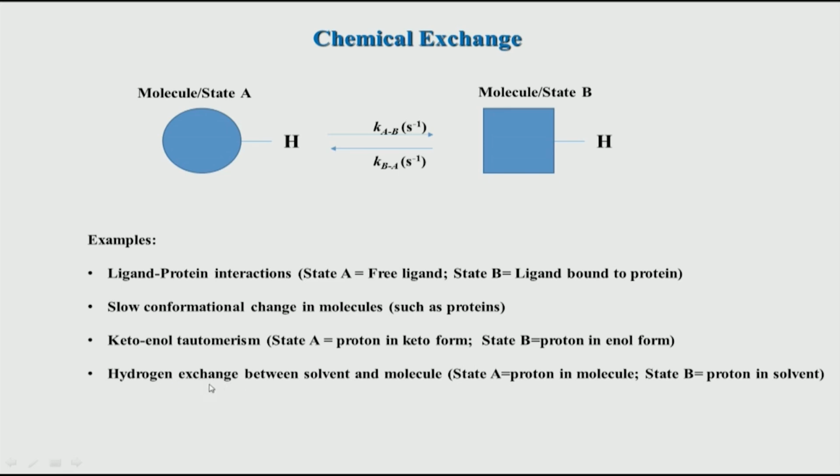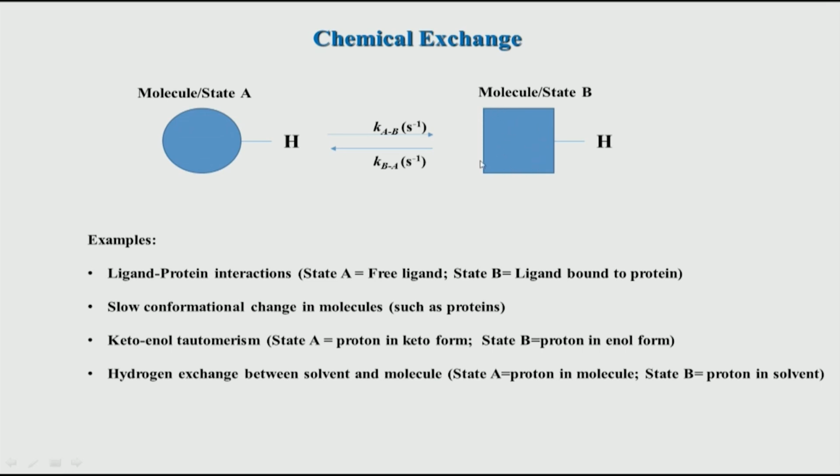This is very commonly used in peptides, proteins, or even small organic molecules, where we study how the hydrogen atom moves from the solute to the solvent. For example, a hydrogen atom, let us consider this case. Let us suppose this blue color circle is a molecule. So, the hydrogen is attached to the molecule, but that hydrogen now goes and exchanges with the solvent.